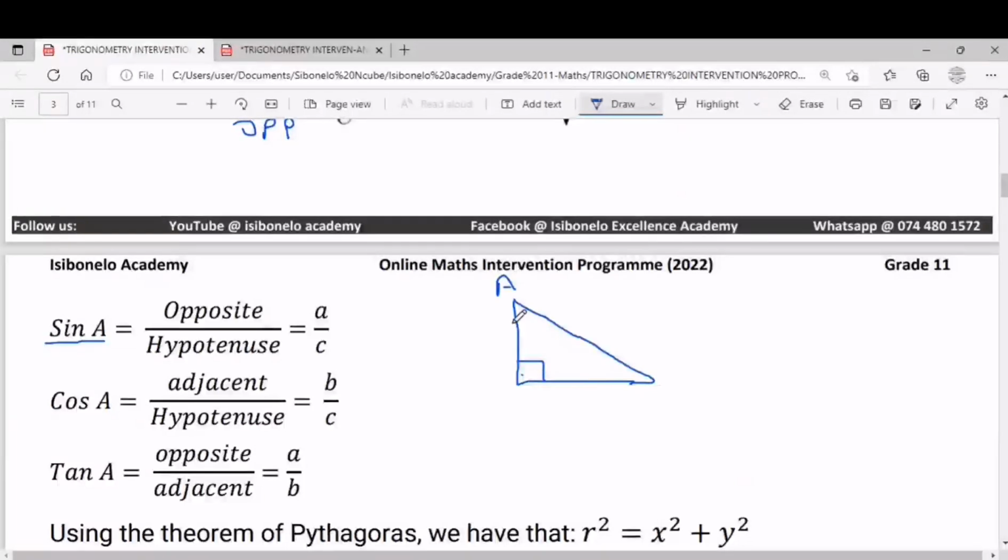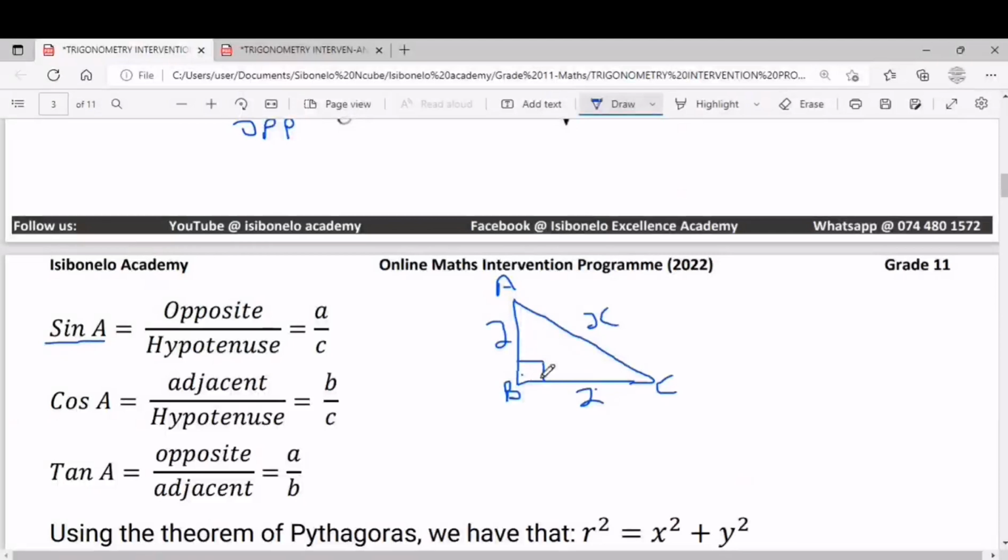So this is triangle A, B and C. We know the length of BC, maybe it is given as 2 units, and the length of AB maybe is also 2 units. So now you find that this side is not given.